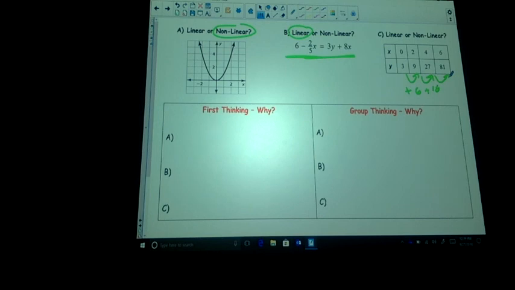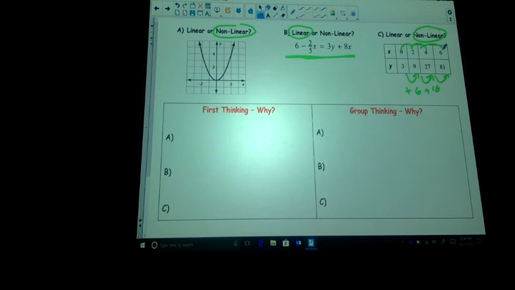If it's linear, your y values should have a common difference. So this is nonlinear because my y values don't grow by a common value. Look at my x's. It goes from 0 to 2, 2 to 4, 4 to 6. Okay, those are all sequential somehow.